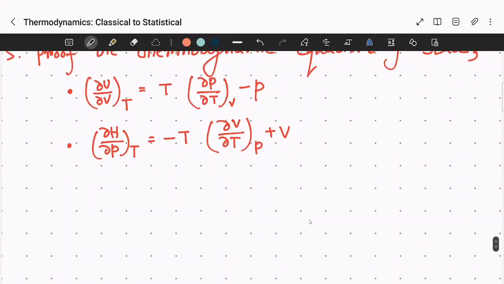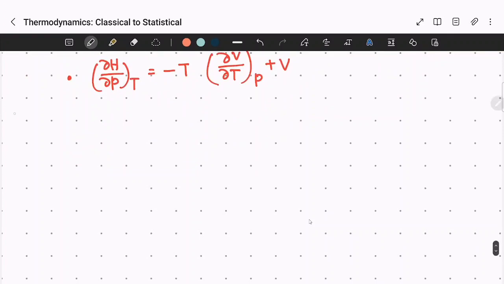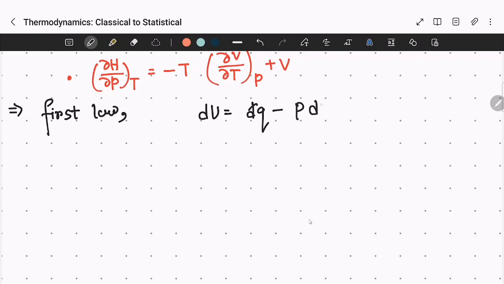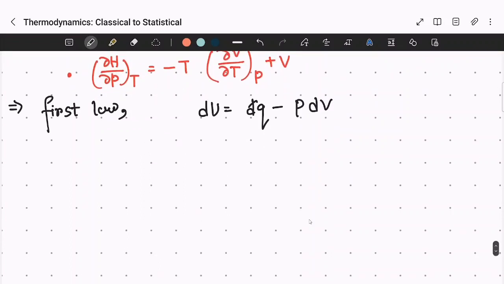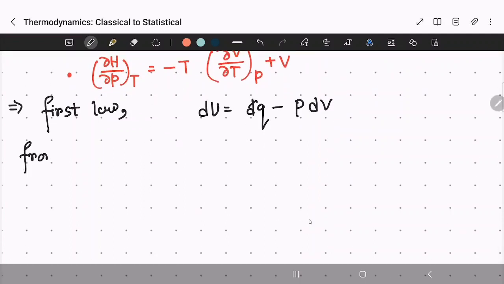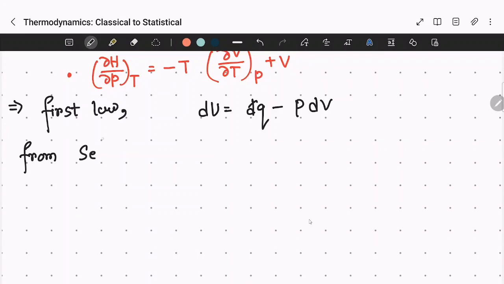So for del U del V at constant T, we know the first law, that dU equals d cross Q minus PdV. From the second law, what do we know?